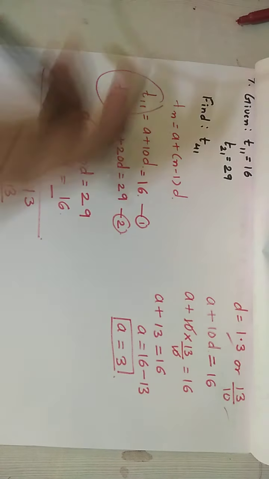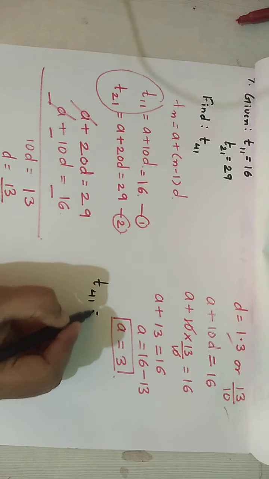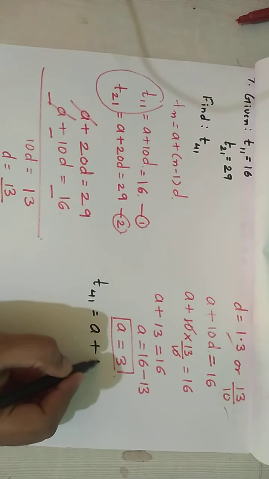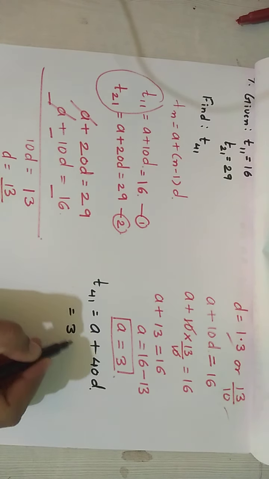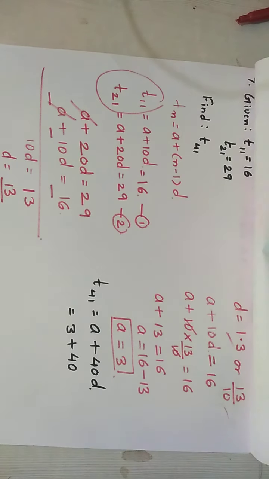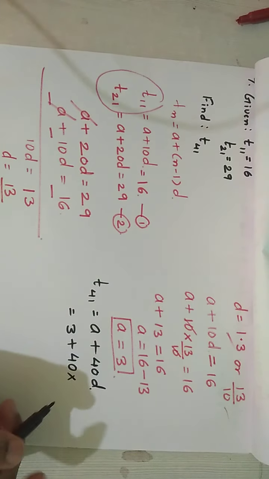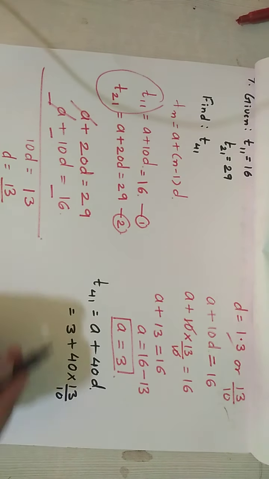So let's start with the formula for T41. T41 will be A plus 40D. That is 3 plus 40 into D, which is 13 upon 10.